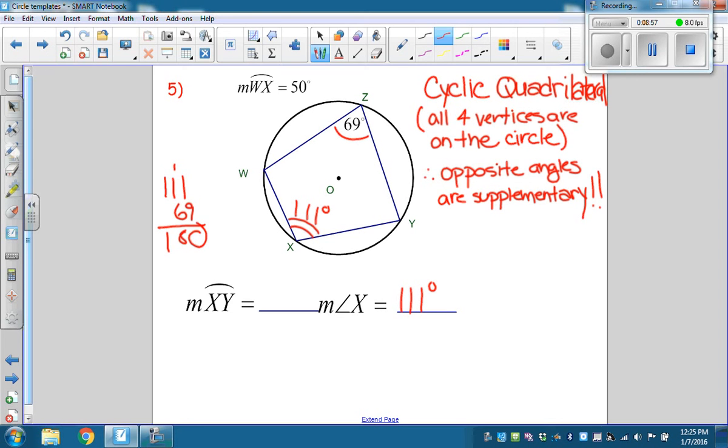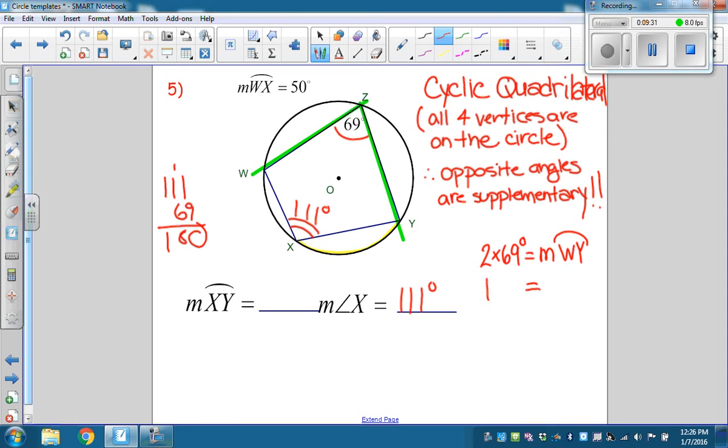Okay. But if I want to find the arc XY, so I want this arc here, I can use this angle here. I know that 2 times 69 degrees is equal to the measure of RWY.